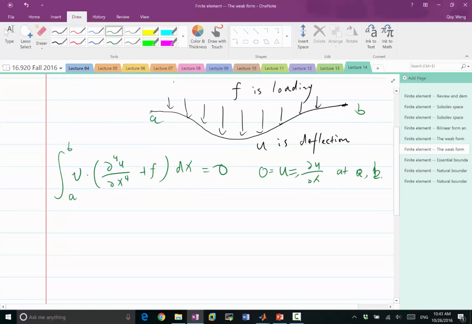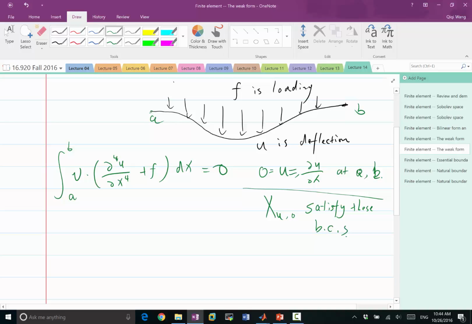Then during the integration by parts, of course, when we define the test function space, it also has to satisfy these boundary conditions.